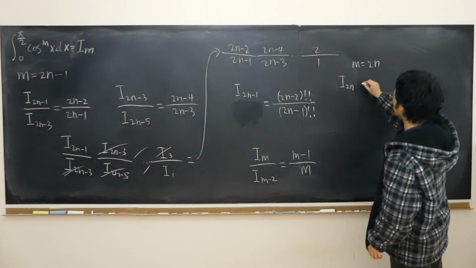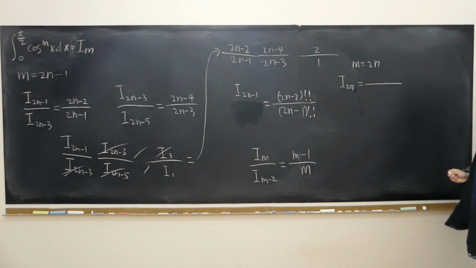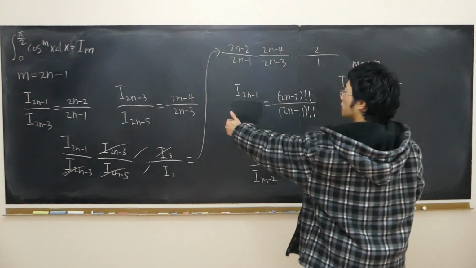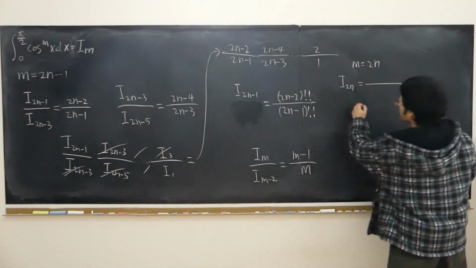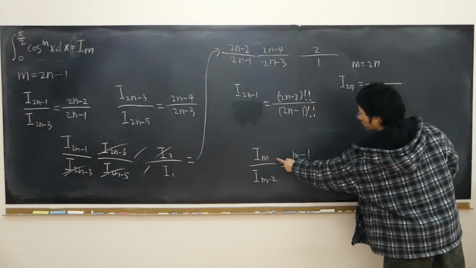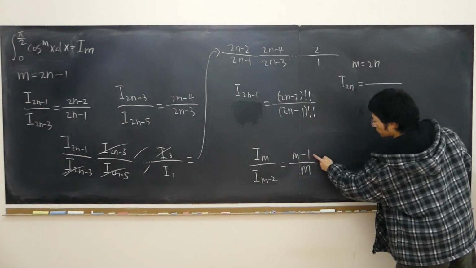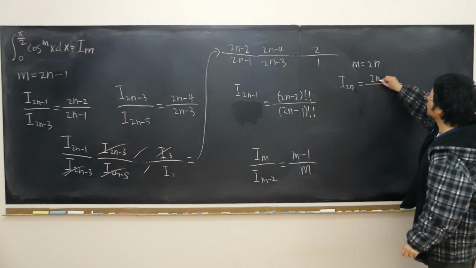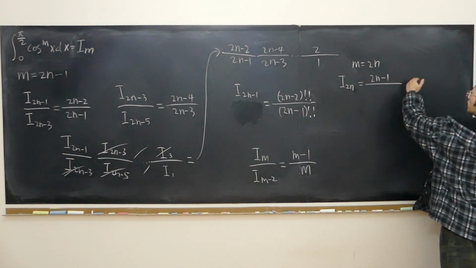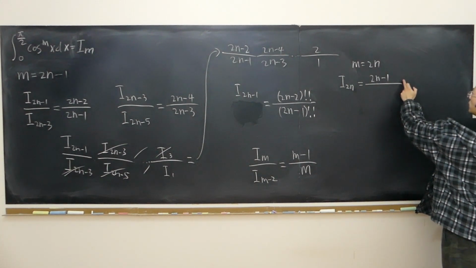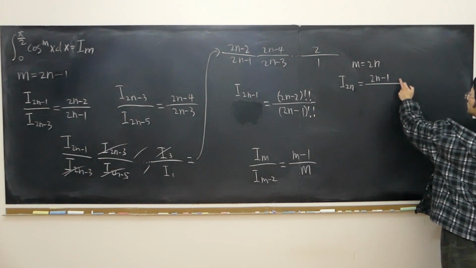So accordingly, we can say that is equal to 2n minus 2, 2n minus... So I'm guessing it should be 2, because if I replace, according to this pattern, I2n is 2n here, 2n down here, but the top is 2n minus 1, so I have 2n minus 1 all the way times the next consecutive odd number and the next consecutive odd number, because this is already an odd number.